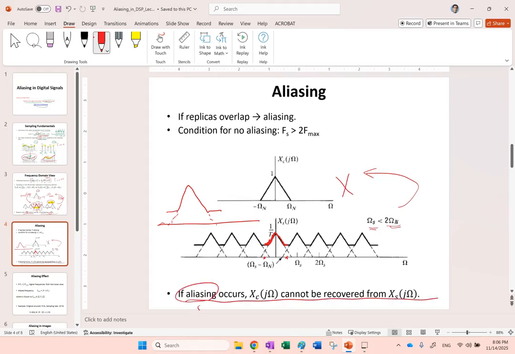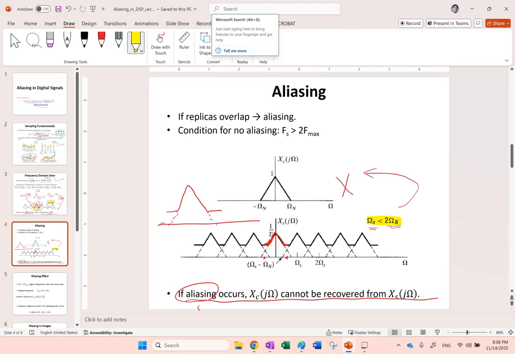And this is called aliasing. Okay, this overlap of replicates is aliasing. When does that happen? When your sampling frequency is not bigger than, or is less than, 2 times the maximum frequency in the signal. Okay, yeah? So you can clearly see that. In frequency domain, this is what happens.